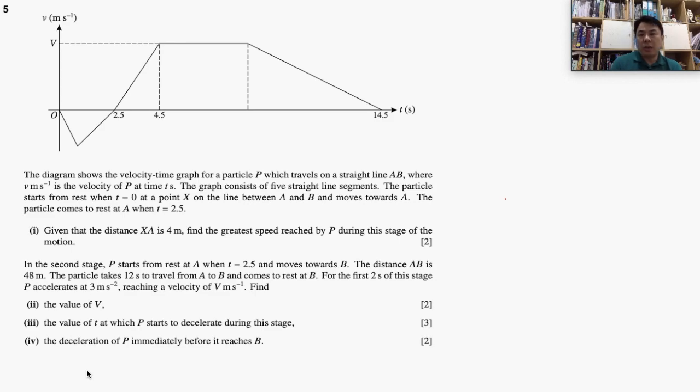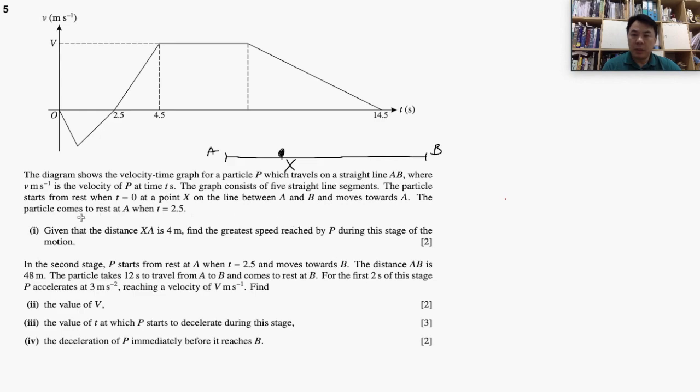Okay, move towards A. So let me try to draw out another diagram just to show us the physical context of what we are looking at here. So we have AB here. We have X somewhere here.